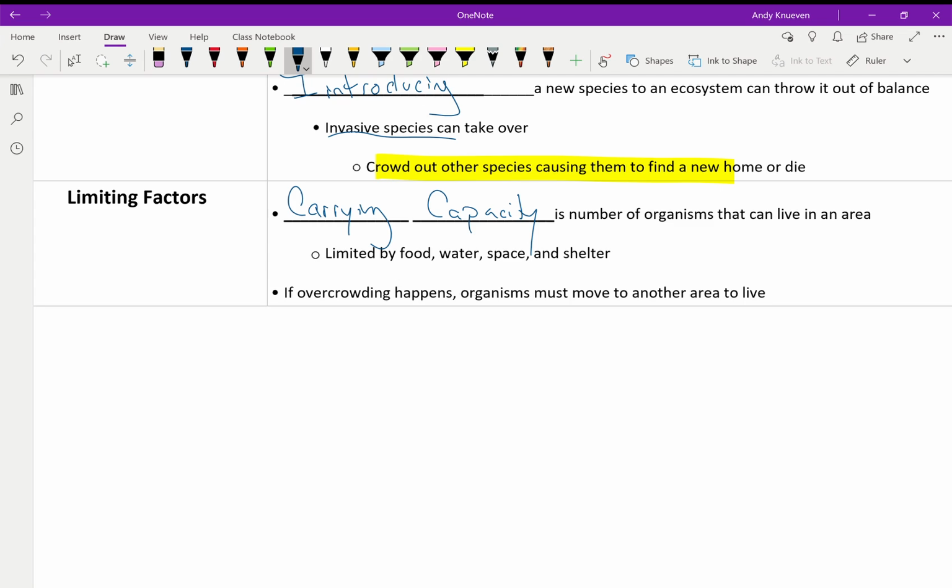But eventually, I hit your carrying capacity and you couldn't hold any more. Same thing. If I added more deer to an area, then there would be too many deer for the plants to continue to grow enough to feed the deer, and then there would be a point where the plants couldn't keep up and they would die out, and then the deer don't have any food, so then they have to go find a new place to live or they die.